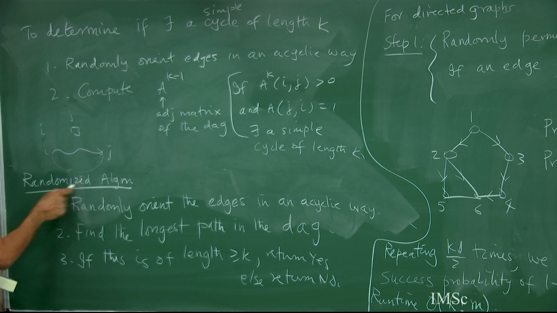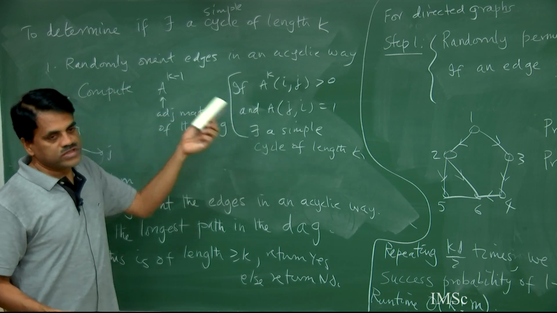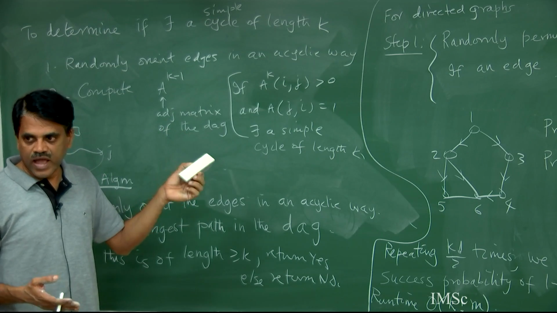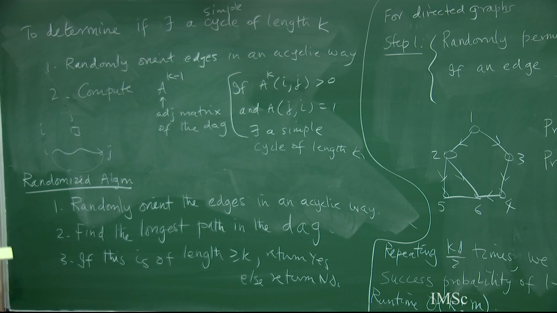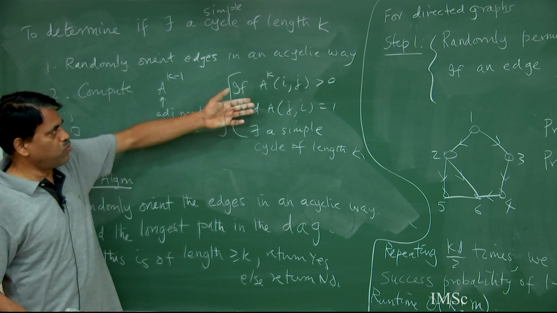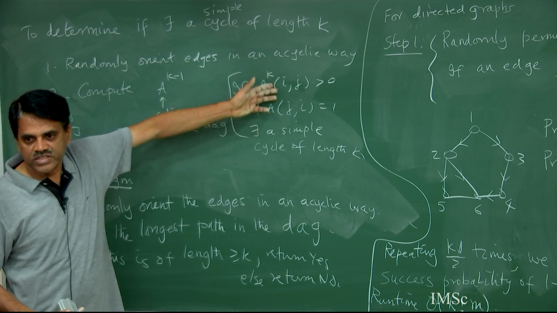If that happens, then I have a cycle of length k, and if this happens for any ij, then I have a simple cycle of length k, otherwise no, because if there is a simple cycle of length k, it must be the case that for some i and j these two conditions are satisfied.